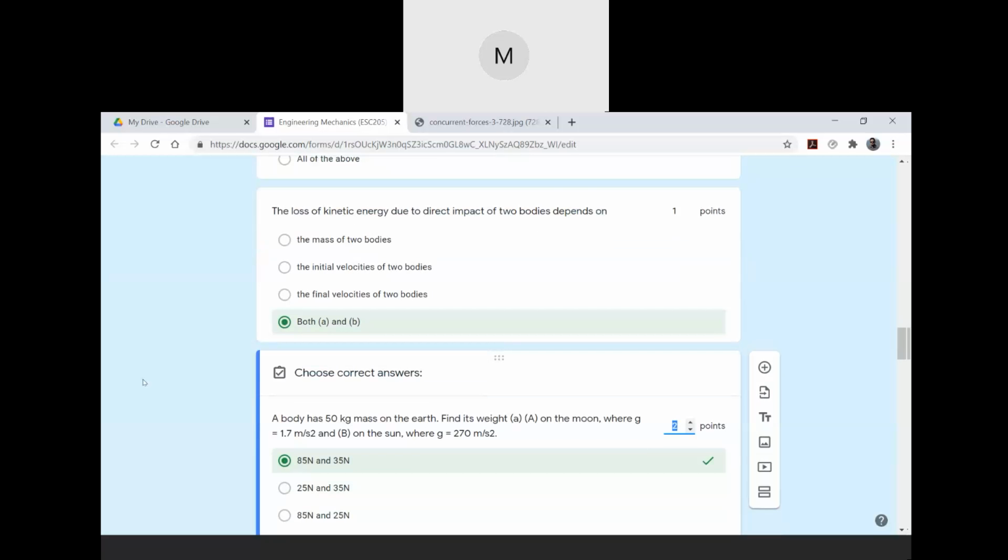We had one expression for the loss of kinetic energy, and that expression depends on A and B.